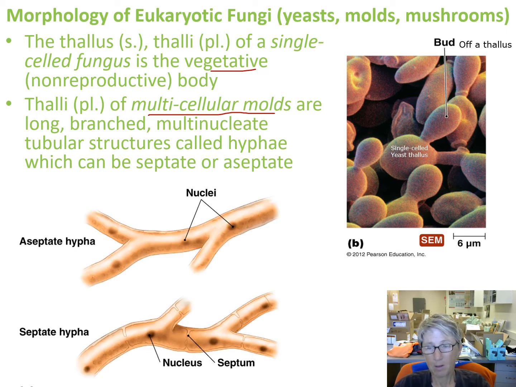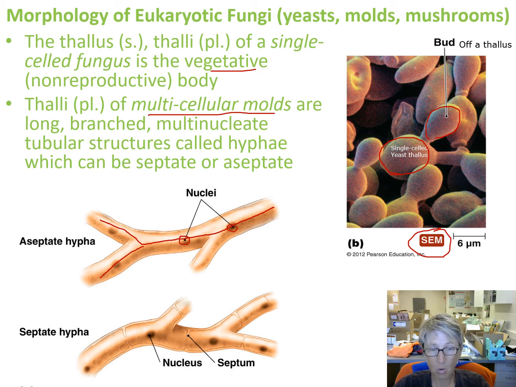So let's look at this scanning electron micrograph first. So here's a single-celled yeast thallus, and here is a bud off that yeast. And then here's a cartoon of the thalli of multicellular mold. So you can see these thalli are long, and they branch. So there's the branch. They're multinucleated.